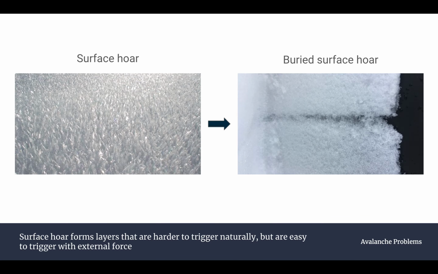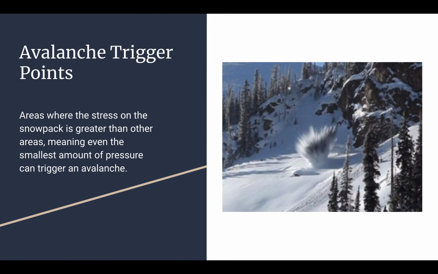But that also means that they're very, very easy to trigger with external force, such as a skier, a cornice fall, even a rock falling on it, because all of this stress has been built up on top of the buried surface hoar, and it's put a lot of stress on that layer, which lowers the amount it takes to trigger that and collapse that layer.